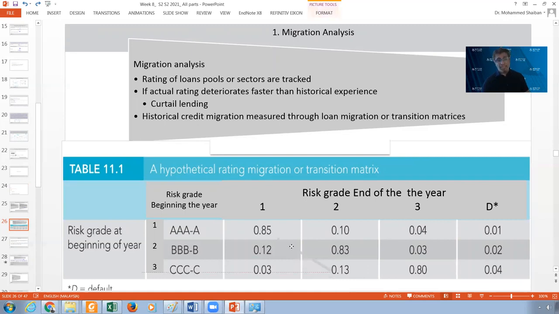What happened in the market historically helps me update my portfolio. Look at this example.